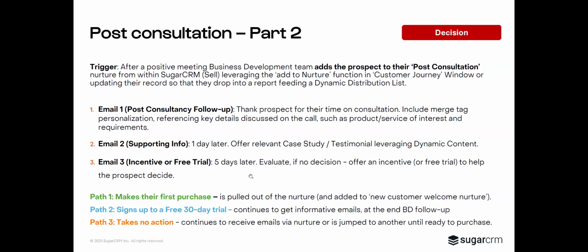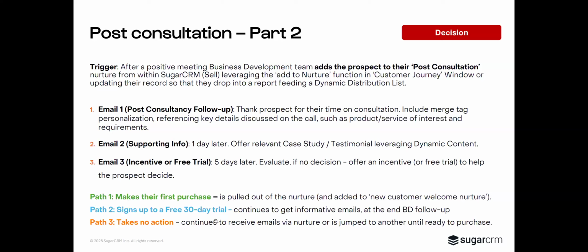So that can help them to get across the line if they're having second thoughts, right? Or they haven't made a decision at this point. So again, we have a number of different things that can happen here. Path 1, after the consultation, they make a purchase, right? And we can have a list, if they are a customer, they get pulled out from the nurture. So that would be, again, an exclusion list potentially.